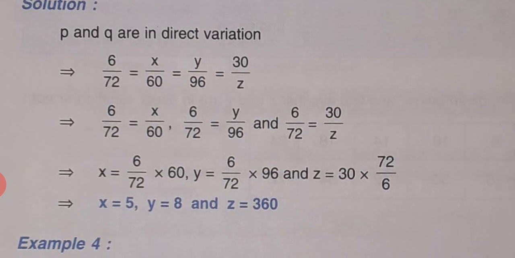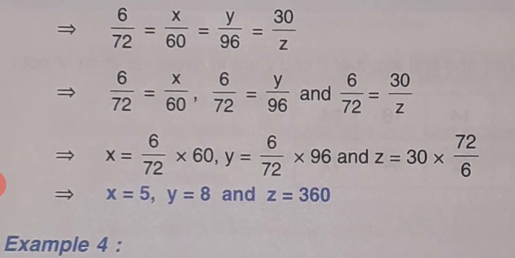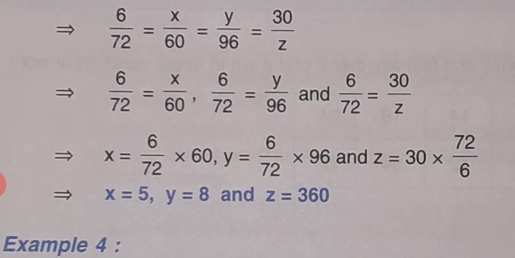Now solving this, first 6 by 72 equals x by 60, we get x equals 6 by 72 into 60. This equals 5. Next solving 6 by 72 equals y by 96, we get y equals 6 by 72 into 96, that means y equals 8.